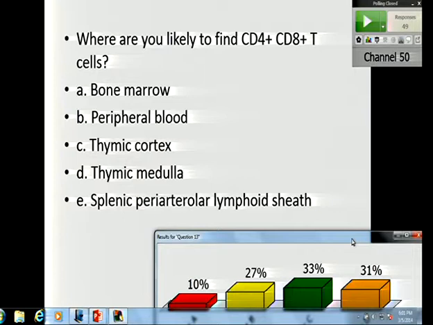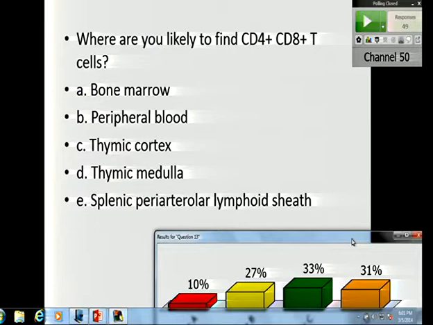They're double positive cells, CD4 plus, CD8 plus T cells. It's not CD4 T, CD8 T. So where will you see them? You'll see them in the thymic cortex of the thymus. You see them in the thymus first and foremost, and then in the cortex of the thymus. So most importantly, please know that you see them in the thymus. You can't see them anywhere else.